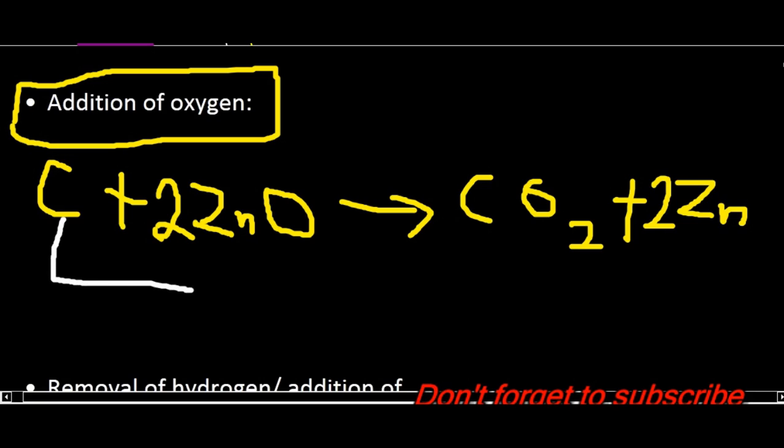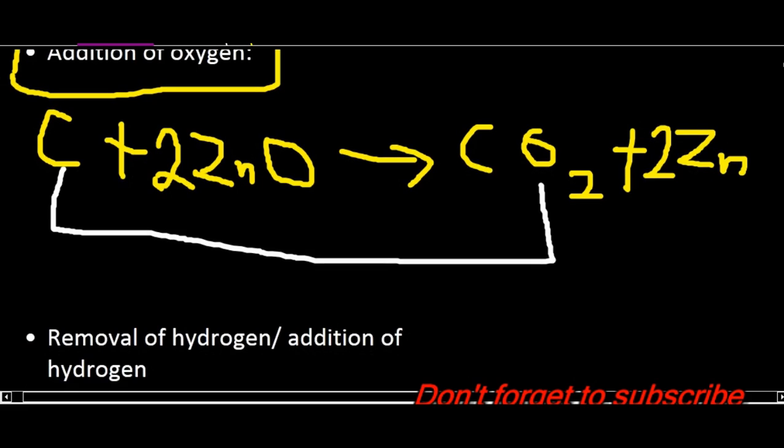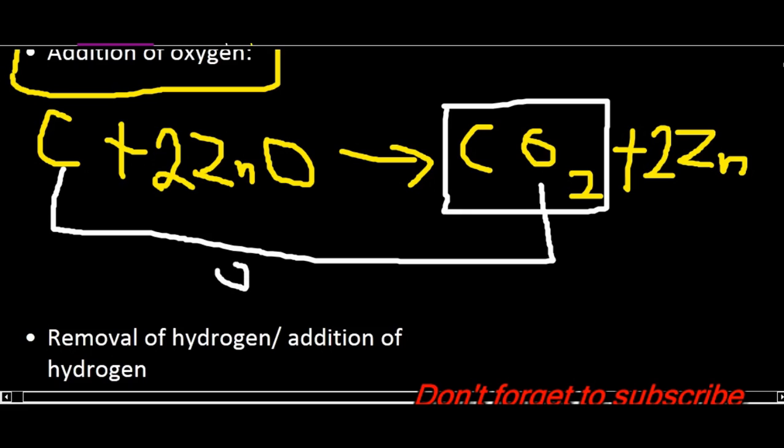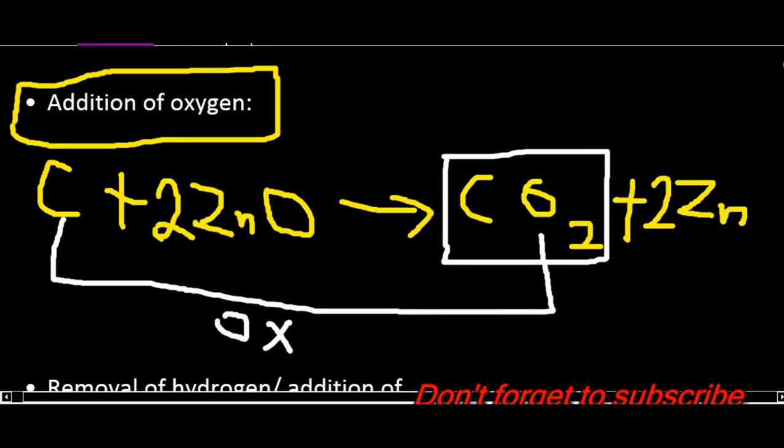This is oxidation. If you notice, carbon was initially just 1 molecule of carbon, attached to no oxygen, but came to this other side to be carbon dioxide. That means oxygen has been added to it. So this part is what we call the oxidation.